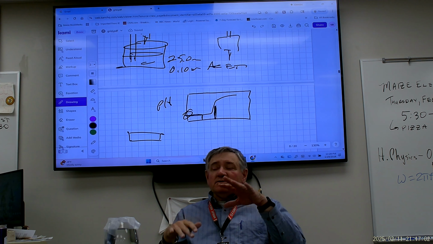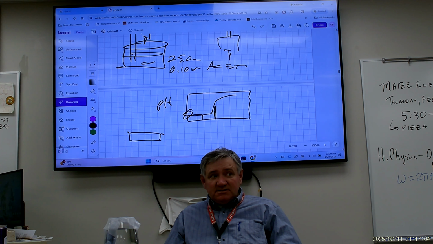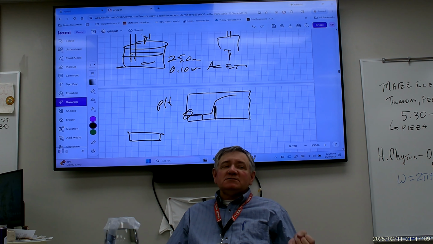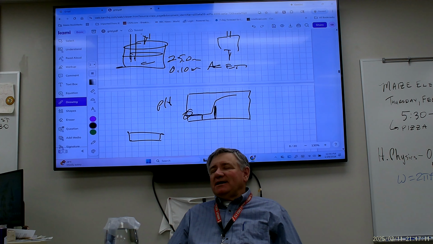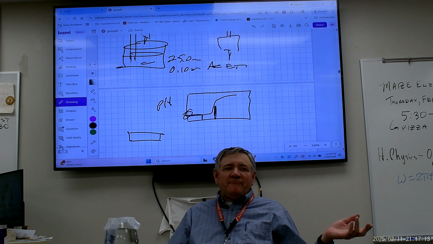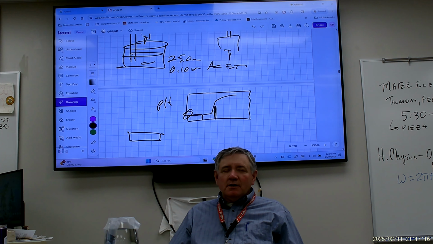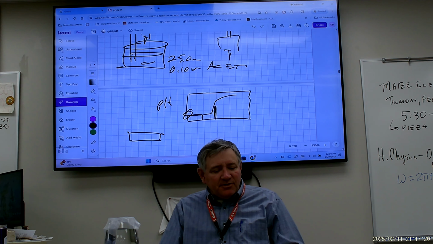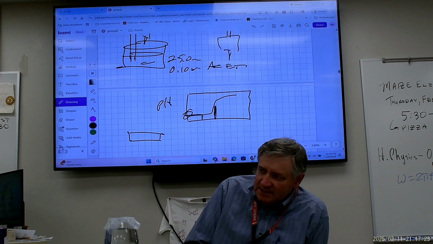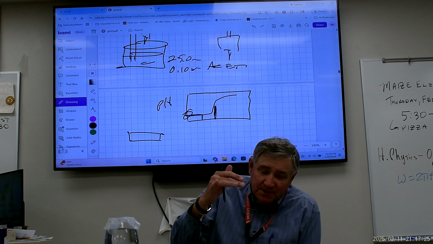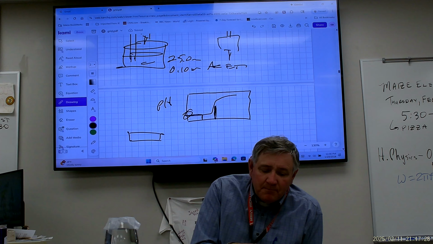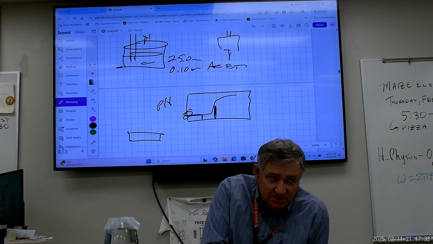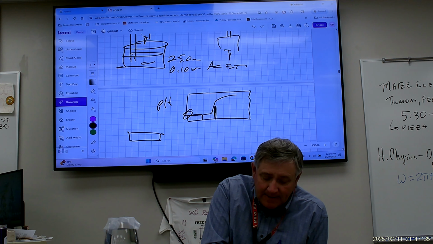Use that value for your calculations, but when you actually measure it out, don't sit there and spend 10 minutes trying to get that. Now, I'm not saying get 4 grams and call it good. That's a bit much. But get something close to 0.037. If you're a little bit above or a little bit below, that's cool. But when you do the calculation of the pH, use the 0.0373.